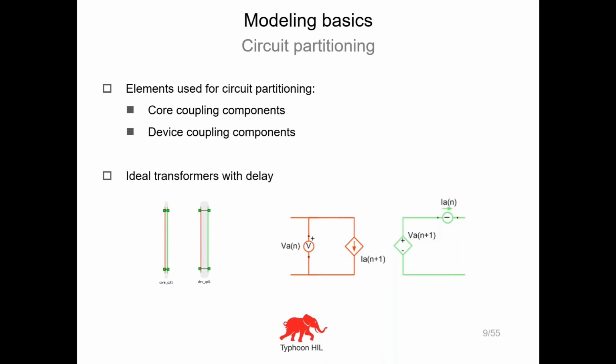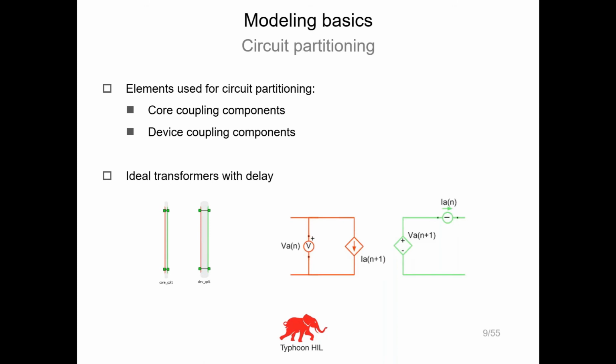So coupling elements are essentially ideal transformers which introduce one time step delay. They are also asymmetrical, which is emphasized by the component icon. You can see it is red and green, where red represents the current source side, while the green represents the voltage source side.